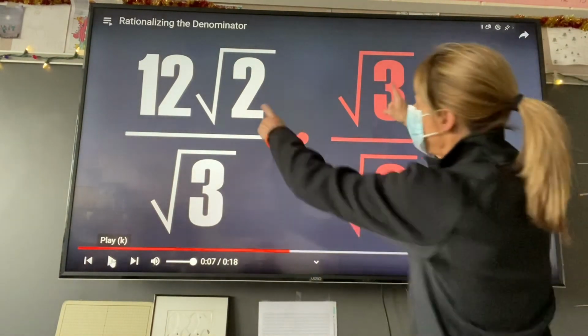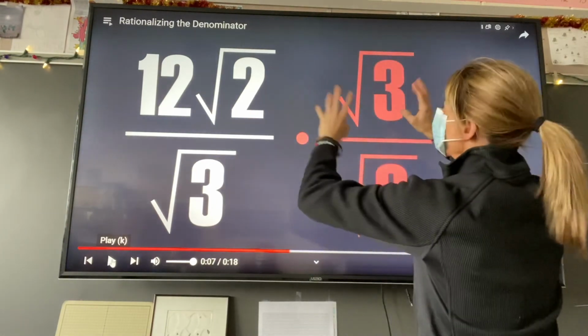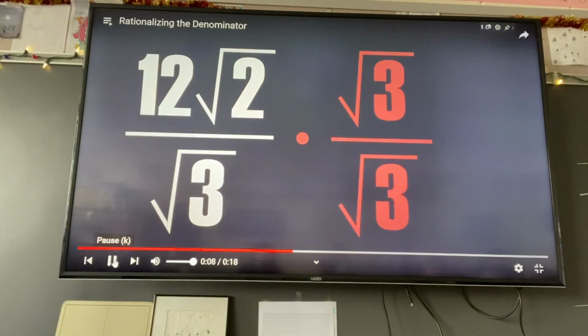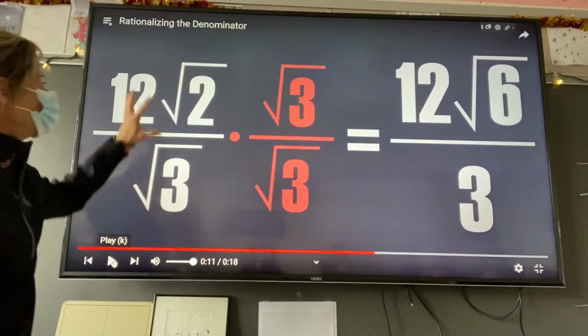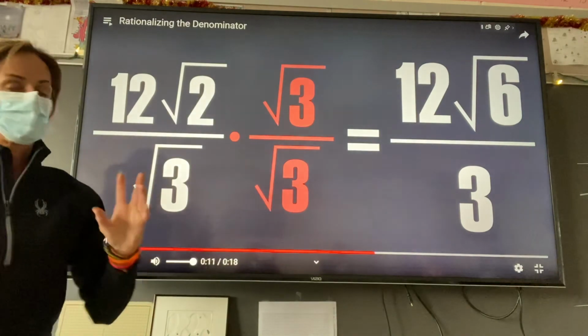So when we do that, we know how to do this now because we can multiply root 2 by root 3. That's root 6. So right there, 12 times root 6 over 3. We're almost done.